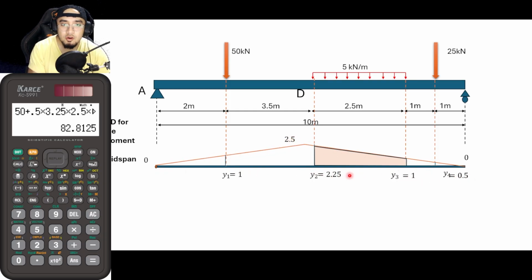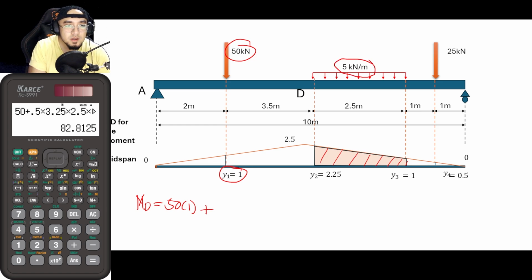Ito yung original po na ILD na ginawa niyo. So again, this is basically the moment at D is equal to 50 times 1 plus whatever this area is here. Just multiply it by 5 kilonewton per meter.